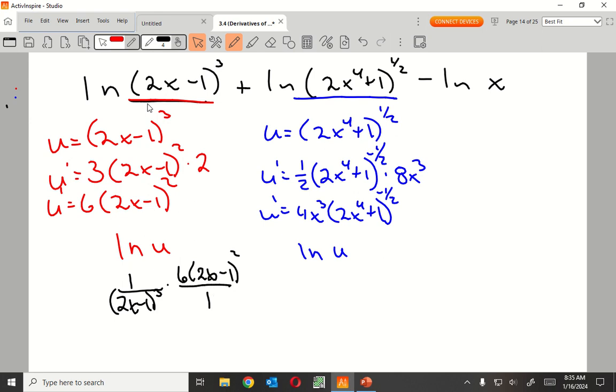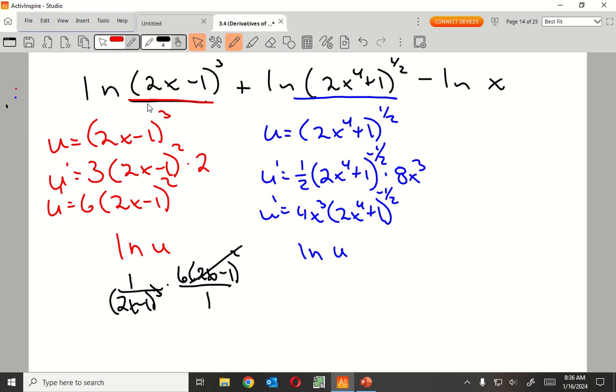I'm going to put that over 1. What's going to happen there? I have 2x minus 1 squared on top, and down here on the bottom, I have 2x minus 1 cubed. Cancel out 2 of them, right? So I'm just left with 6 over 2x minus 1.